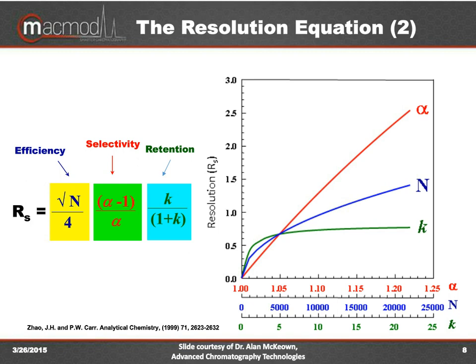And this slide is meant to show you that over the range of values that these factors take on for most HPLC work, the selectivity, or alpha, is by far the most powerful of the 3.